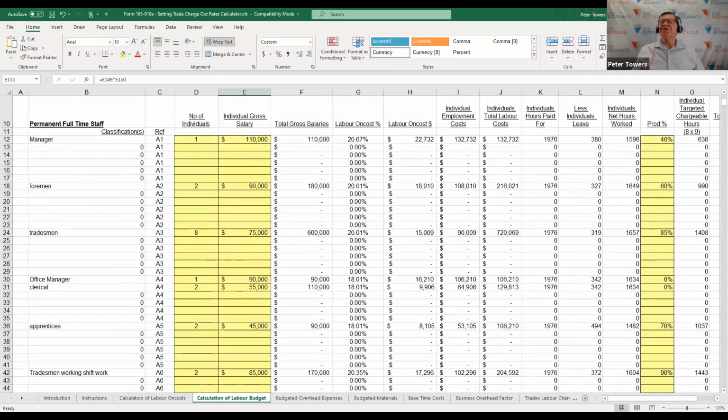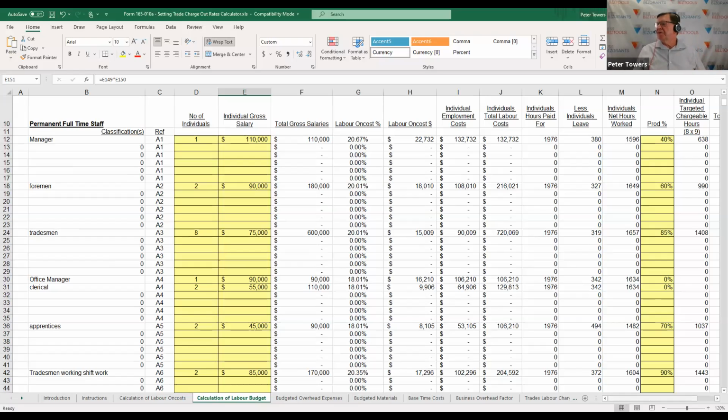So as soon as you insert the number of individuals and the salary, the system does these calculations, transferring in the leave that was calculated in the labour on costs. So it varies for each category. And it will then calculate the net individual work hours. And then your role again is to insert the productivity percentage that your client believes that these people will achieve.